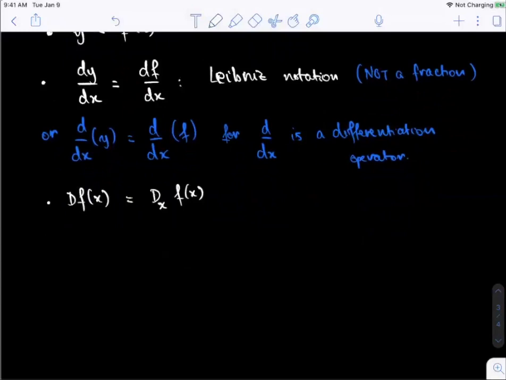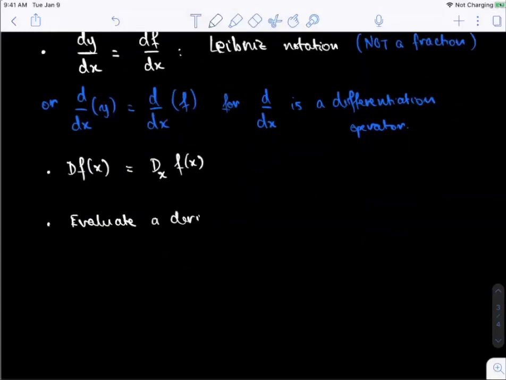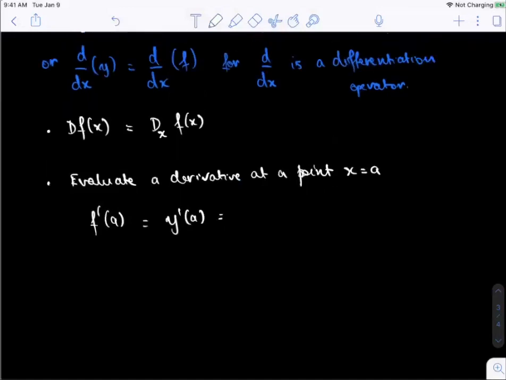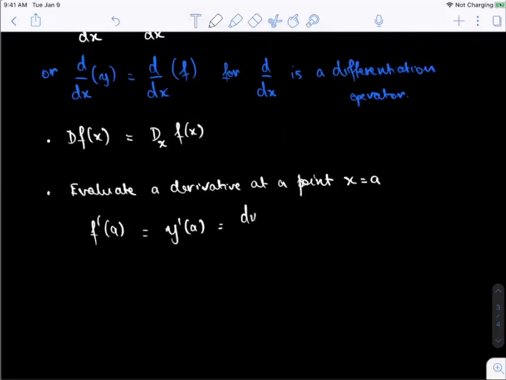If you want to evaluate a derivative at a point x equals a, you can use f prime of a, or y prime of a, or if you use the Leibniz notation, you have dy/dx with a vertical line.